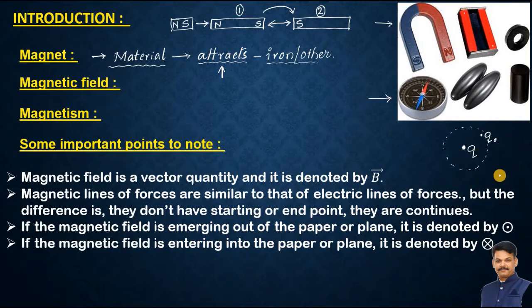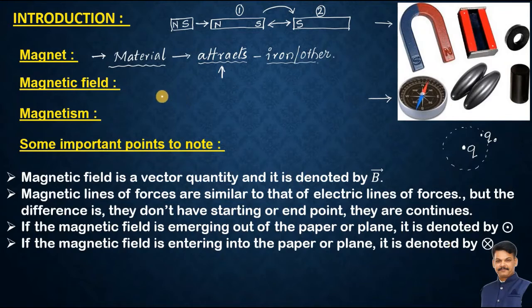That force may be attractive or repulsive, depending upon what type of charges are there, that is, what type of charge the source charge is and what type of charge the test charge is. There also, unlike charges attract each other and like charges repel each other, isn't it? So we have learnt about this.